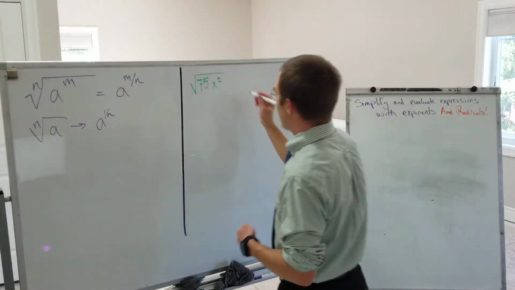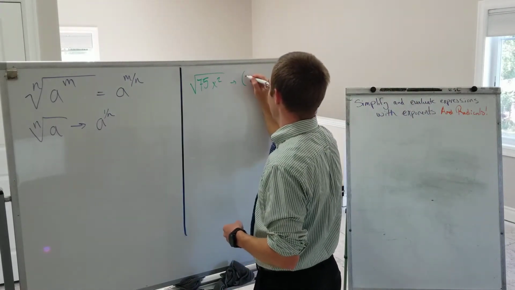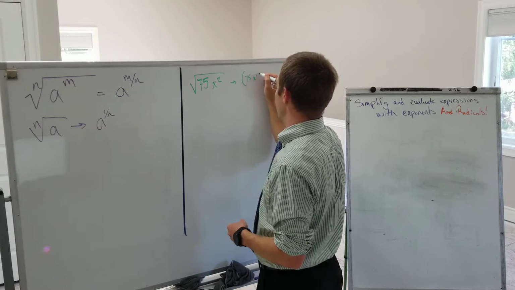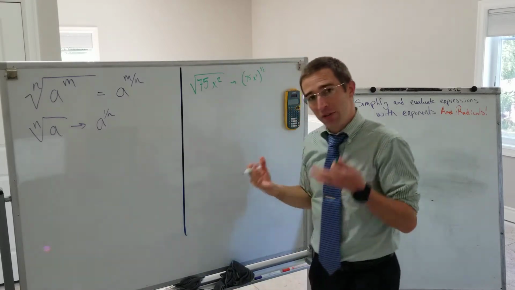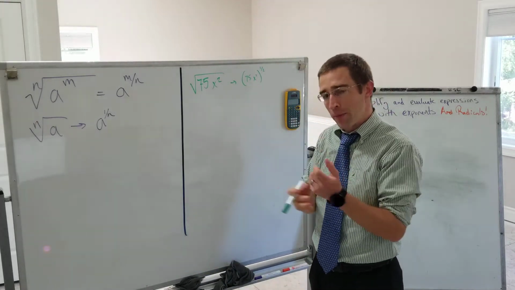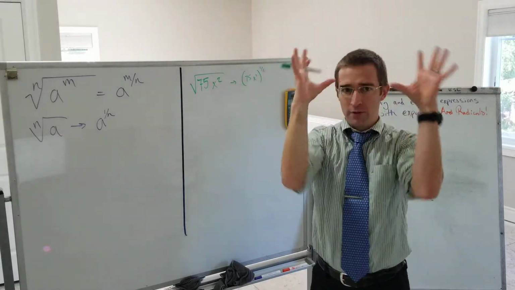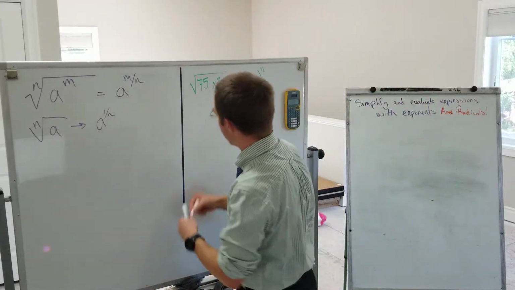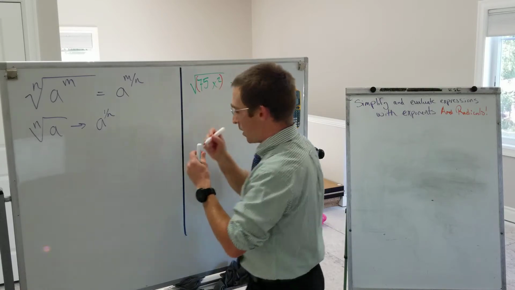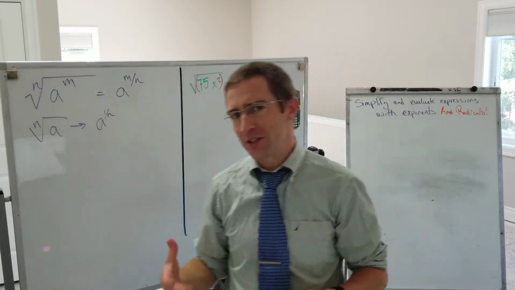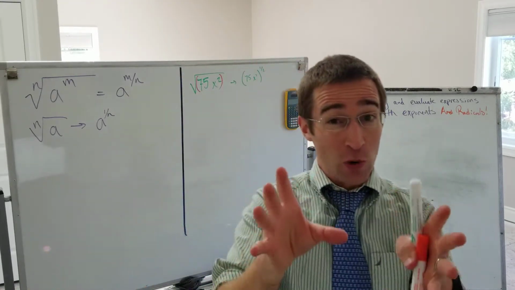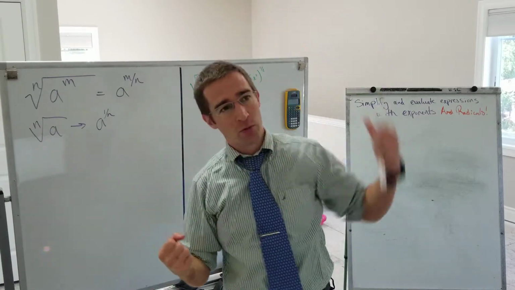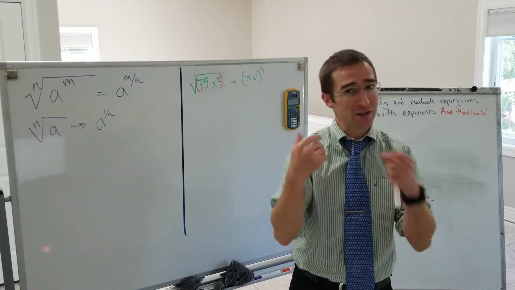It's basically 75x squared to the 1/2 exponent. That's what it's saying. So we've got this property of the stuff in these imaginary parentheses to the 1/2 power. Both those things are getting square rooted. So what I'm going to do is square root that 75, then square root that x squared, and write my answer out.